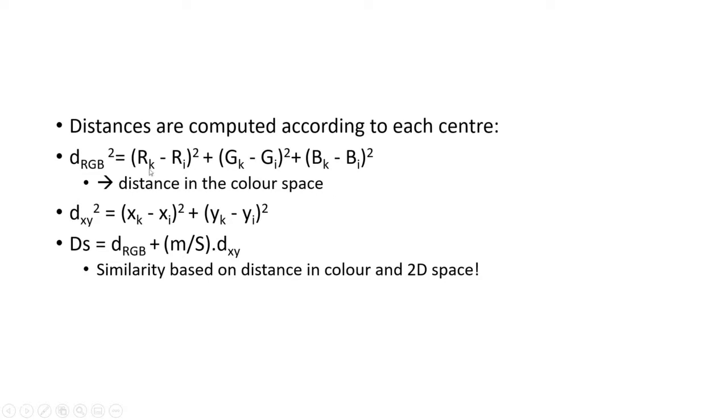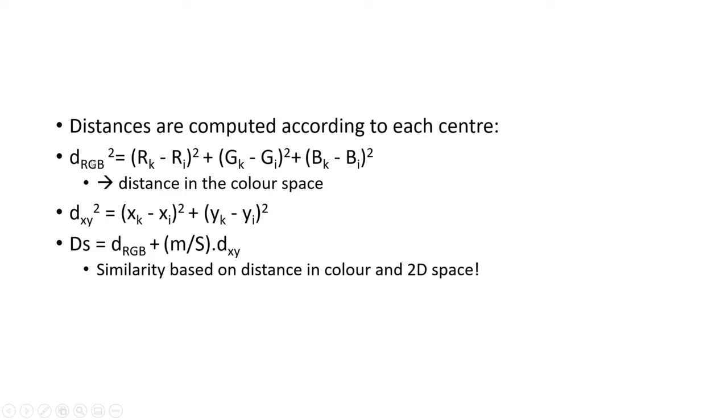Basically, this is a measure of distance, Euclidean distance in the color space. This is saying how distant the pixel i is in terms of color to the center of your superpixel, and also the spatial distance.